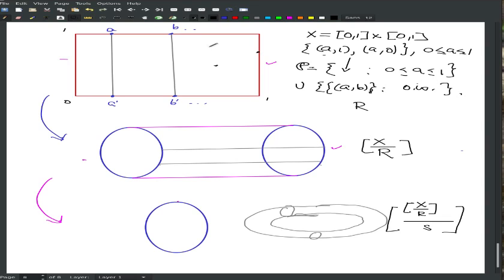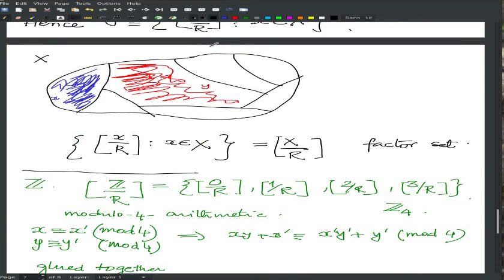That's the simplicity given by this study of equivalence relations and classification of such shapes.